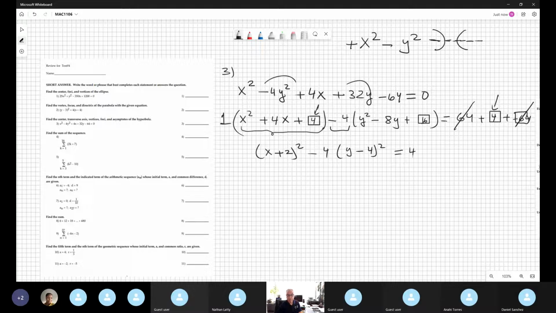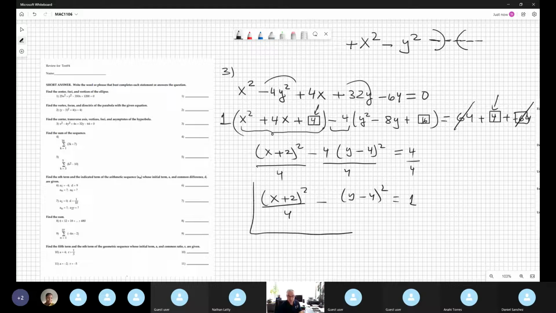The last step is, in order to get 1 in the right hand side, you divide the whole thing by 4. The equation in standard form is (x plus 2) squared over 4 minus (y minus 4) squared divided by 1, because 4 divided by 4 is 1, equal 1. This is my equation, nice, in standard form.